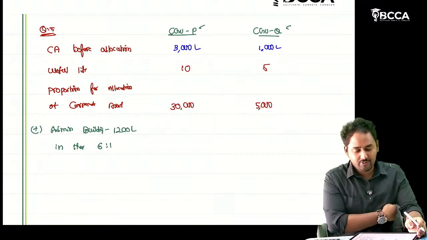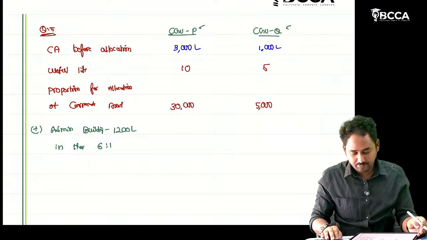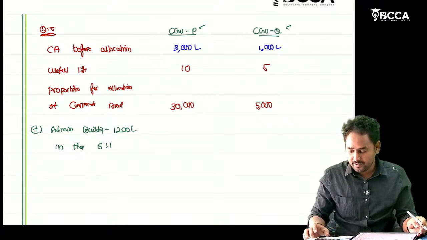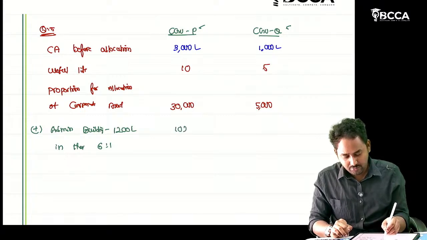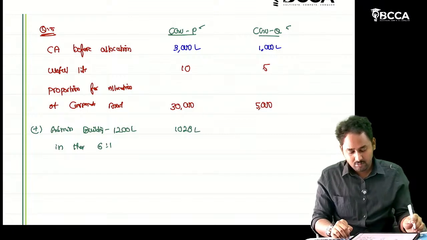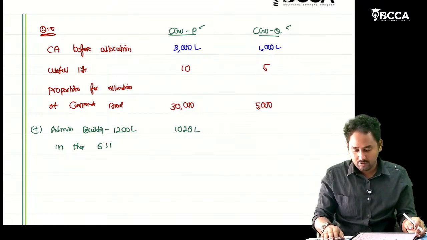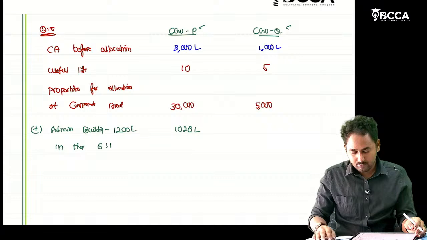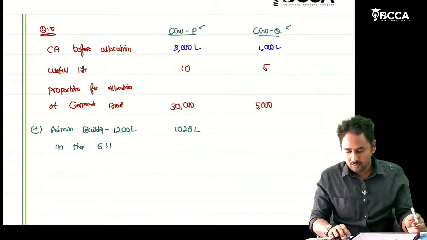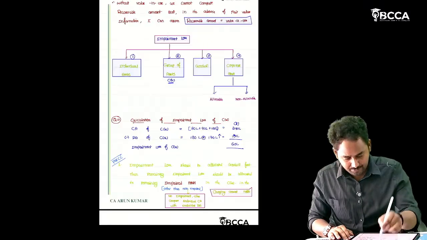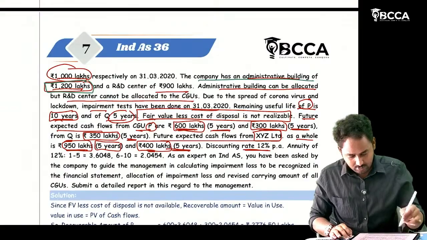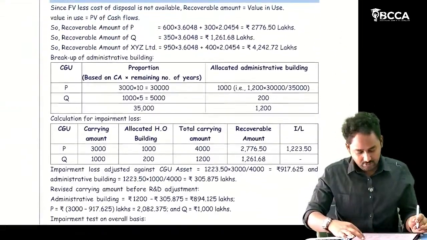So 1200 divided by 7 into 6 is 1028. Then 1200 divided by 7 into 1 is 171 lakhs. So these are the exact values.